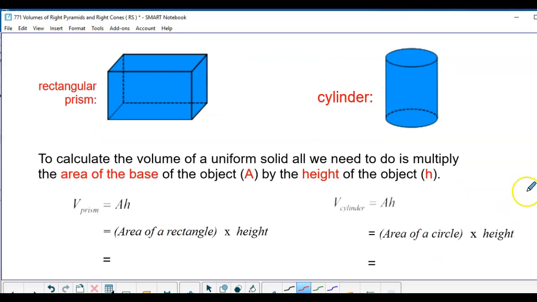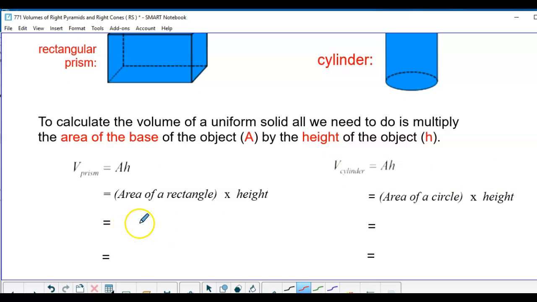Okay, so here are some other diagrams for a rectangular prism and cylinder. To calculate the volume, all we need to do is multiply the area of the base by the height, as I've just talked about. So we've really already done this. The area of a rectangle is length times width, times the height.